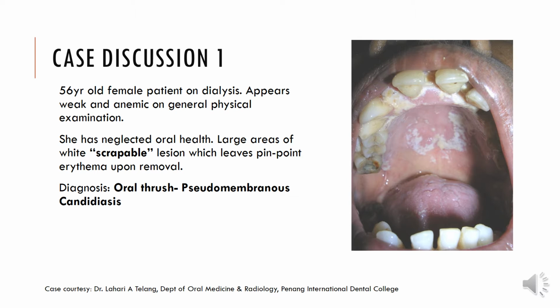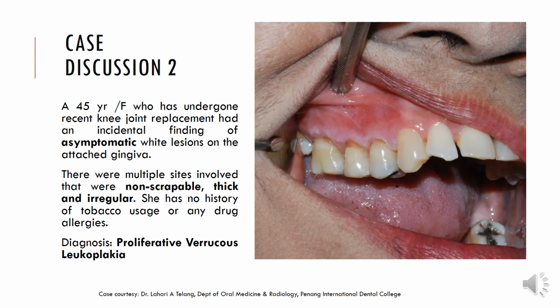So if you look at the picture, it is a predominantly white lesion, but it is scrapable. Now, this is also a white lesion on the gingiva, of a 45-year-old female who has undergone knee joint replacement surgery and had an incidental finding of an asymptomatic white lesion on the attached gingiva.